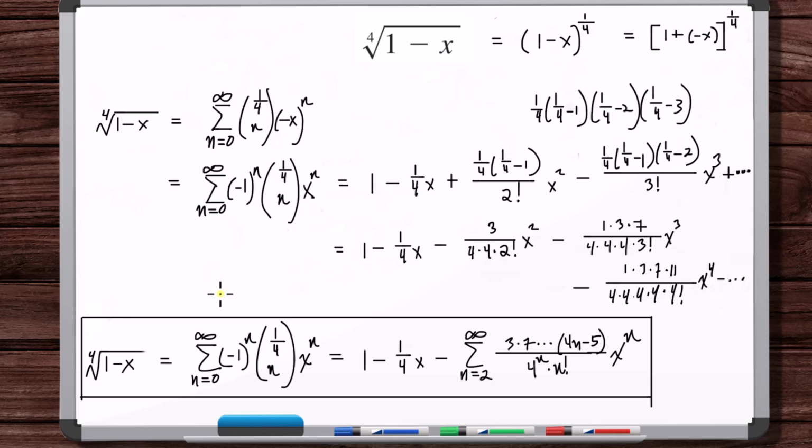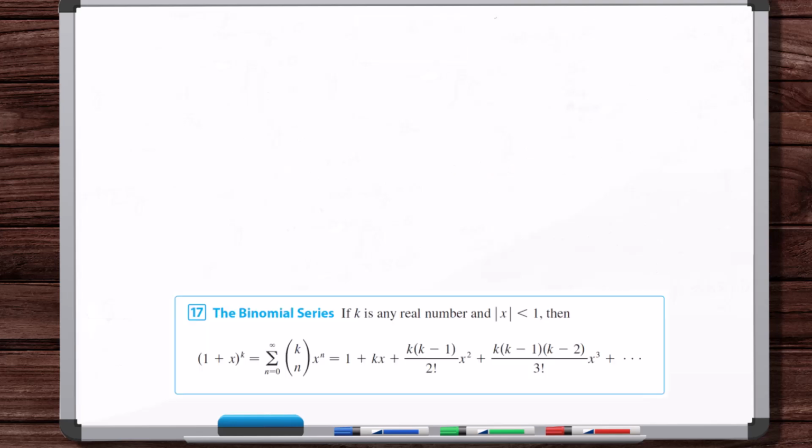Okay, now what about the radius of convergence? Well, we know that the binomial series converges for the absolute value of x is less than 1. It doesn't matter what k is, the absolute value of x is less than 1. But we had minus x.